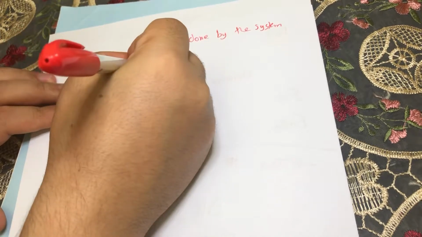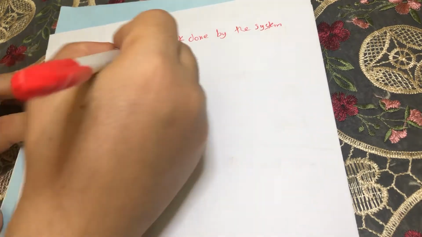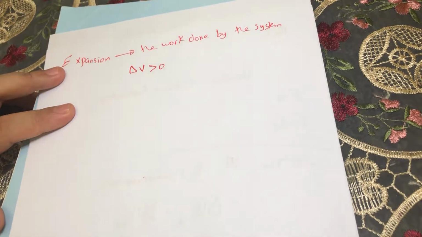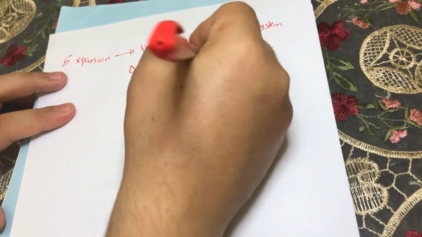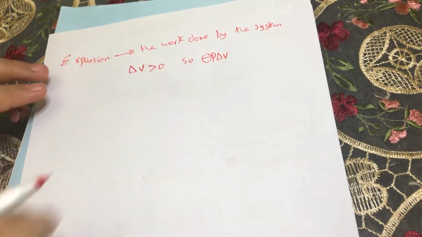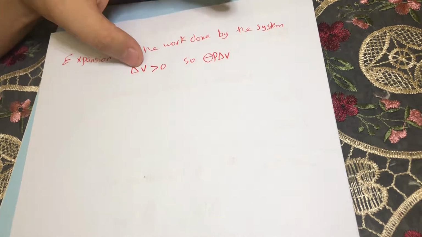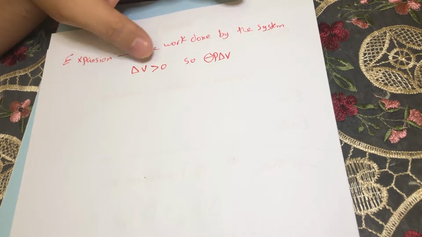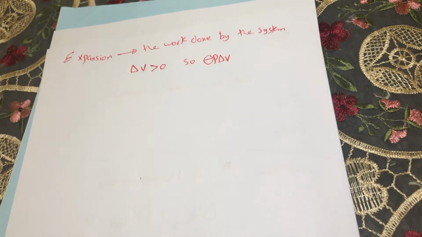Because it's expansion, V final is greater than V initial, so delta V is greater than 0, so minus P delta V is a negative quantity.